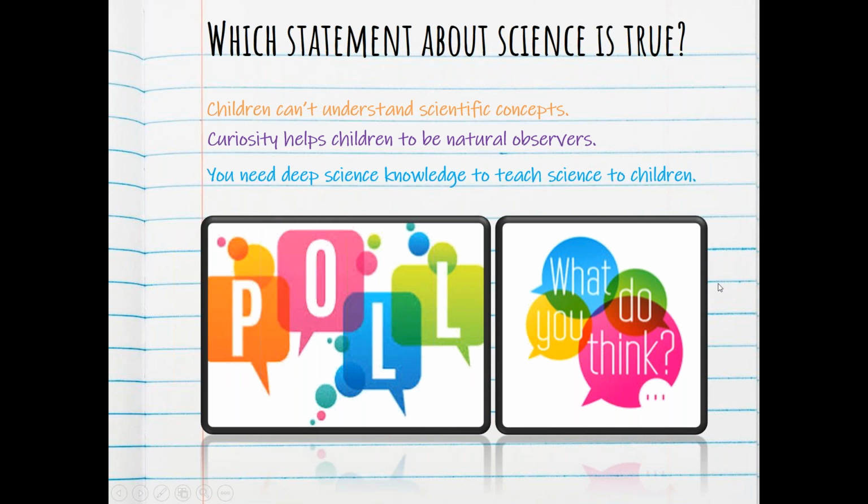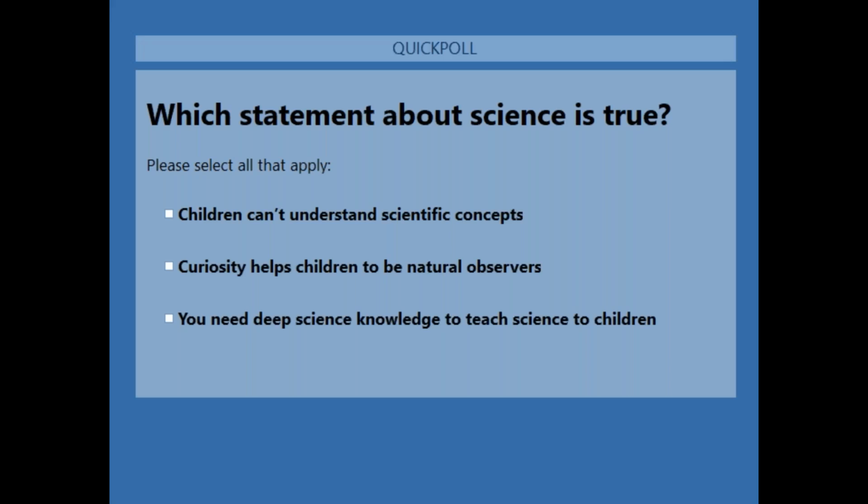So I am going to launch the poll now. And once again, if you are not able to vote using the poll, please put your responses into the questions box.